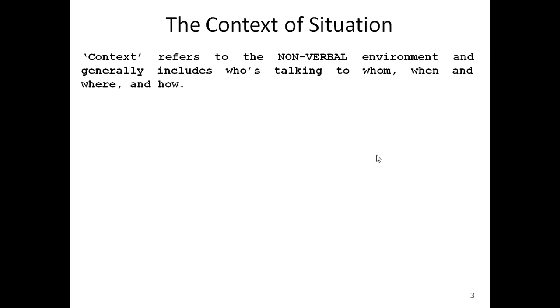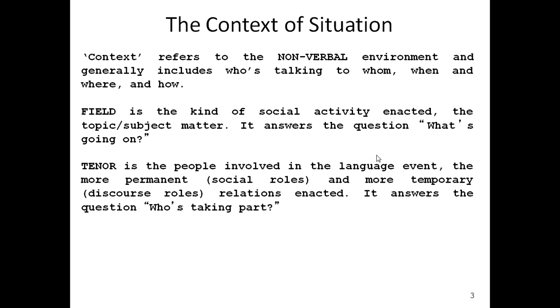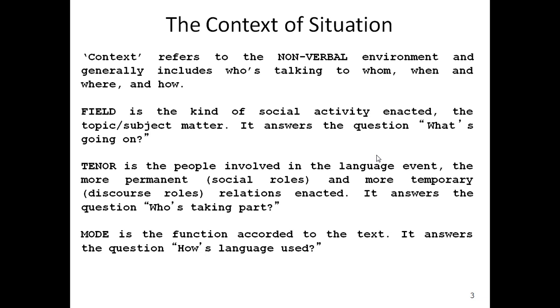Now, that's the nonverbal environment and generally includes who's talking to whom, when and where and how. Okay? And if you remember from the previous part of the lecture, that's articulated into field, tenor, and mode.